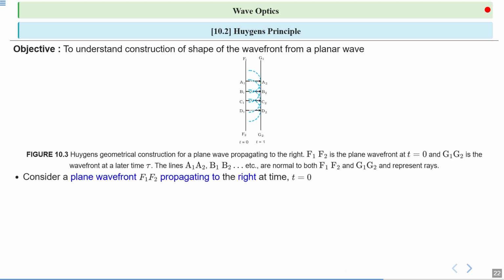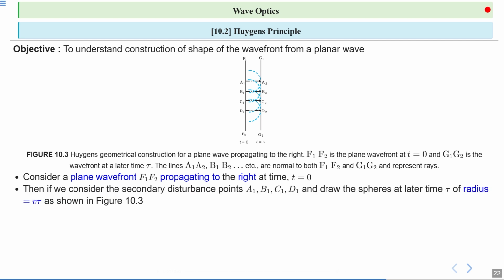Because a ray of light, that is the direction of light propagation, is perpendicular to the wavefront. So consider a plane wavefront F1, F2 which is moving to the right at time t equals 0. It's important to visualize this movement as it sets the stage for how the wavefront evolves over time.